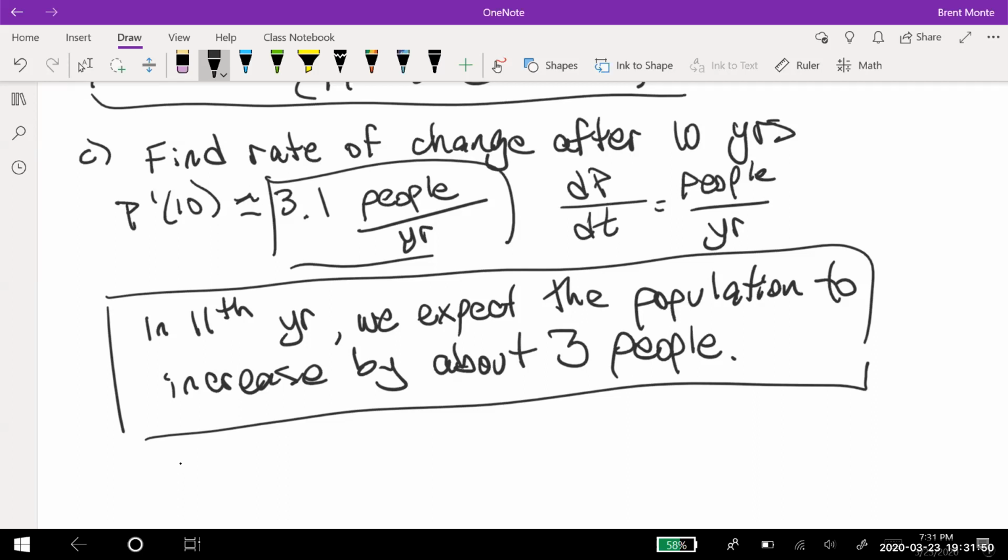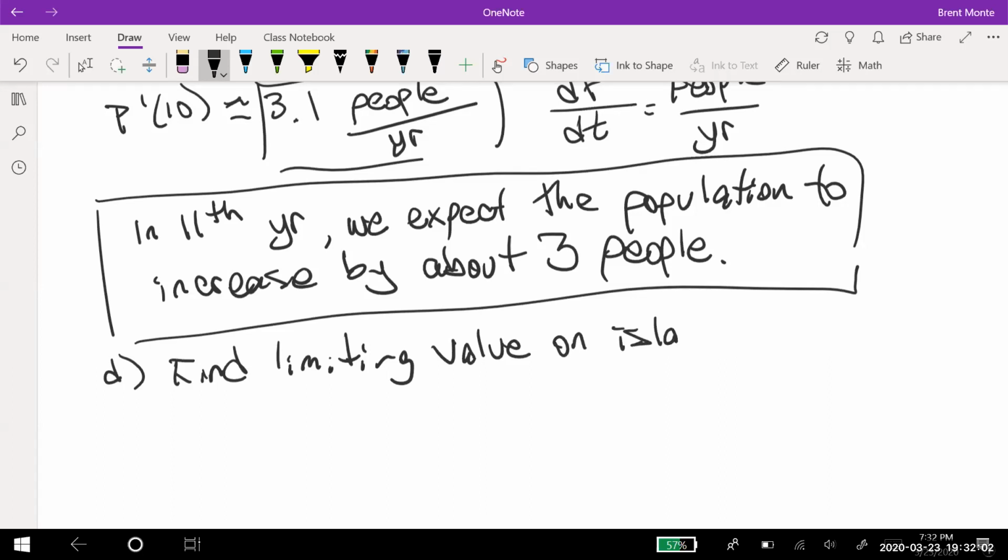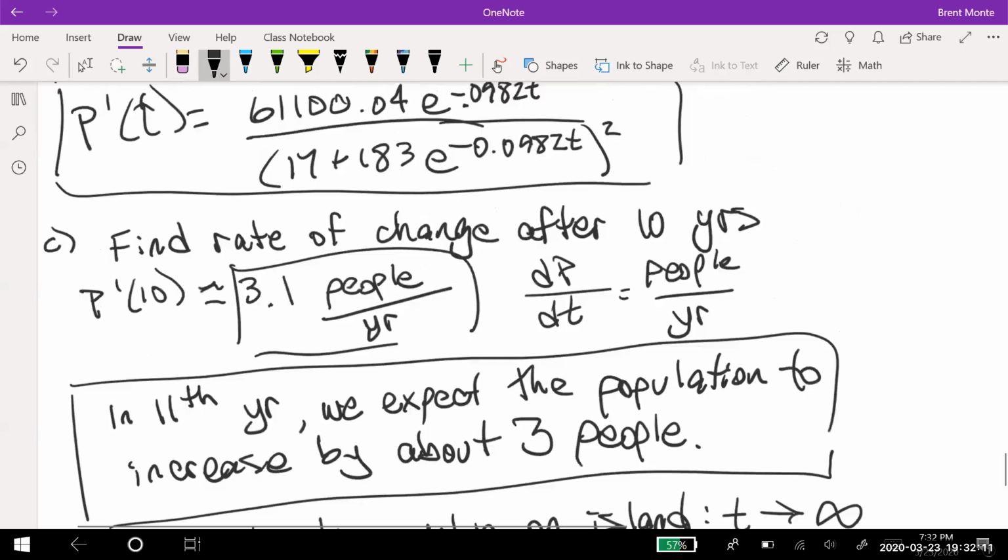And then part D, which is our last part, find the limiting value on the island. In limiting value, what that means is find the population when t goes to infinity. So again, remember, here's what we do.